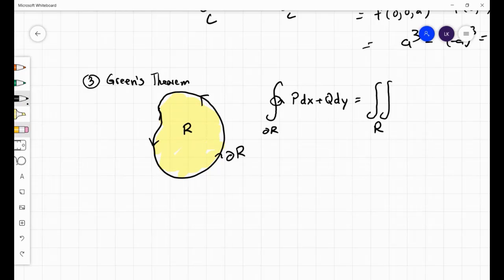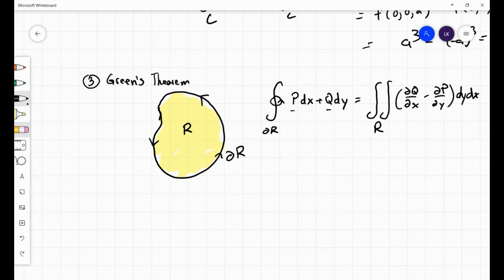And what you'd be integrating is the derivative of q with respect to x minus the derivative of p with respect to y times the differential area element. Okay, so that's Green's theorem.